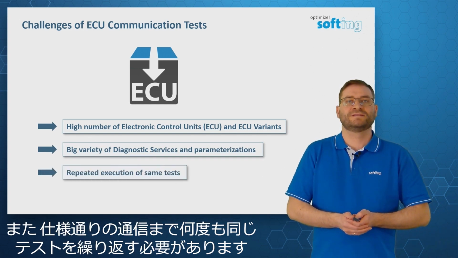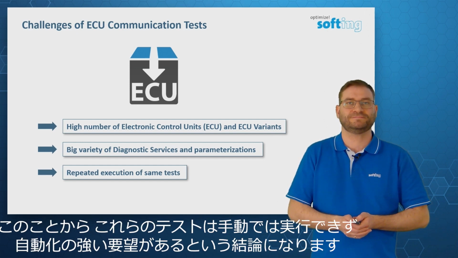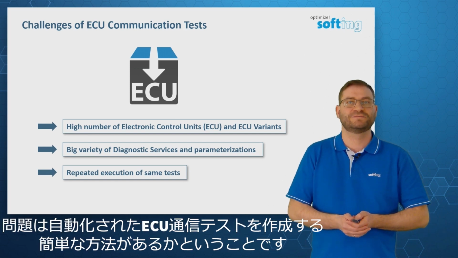And above all, the same tests have to be repeated several times until the ECU communicates according to the specification. From that, we can conclude that these tests cannot be executed manually. There is a strong need for automation. The question is: is there an easy way to create automated ECU communication tests?